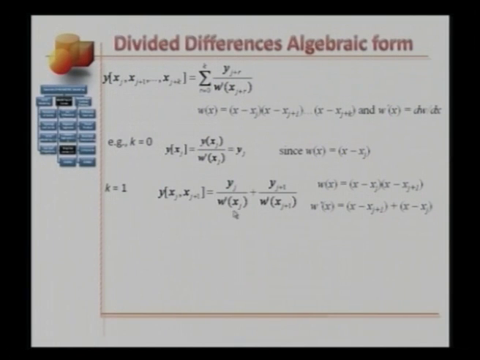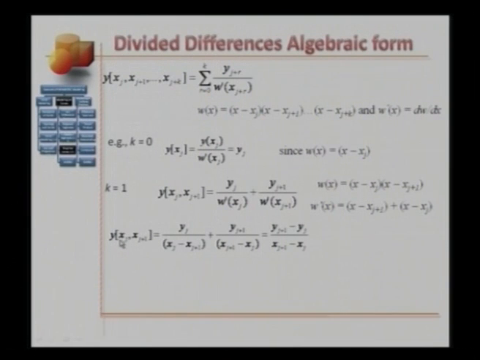So w prime of xj is xj minus xj plus 1, and w prime at xj plus 1 is xj plus 1 minus xj. This term goes off. Substitute for those terms here.